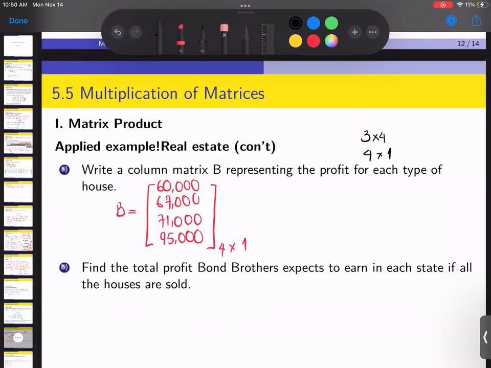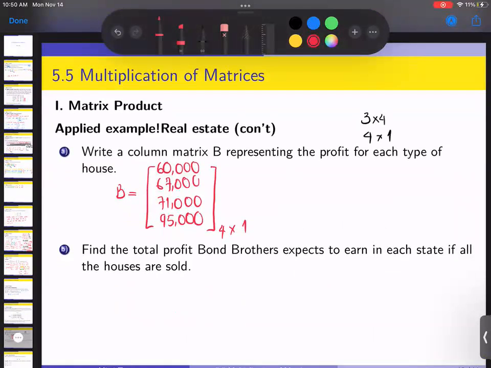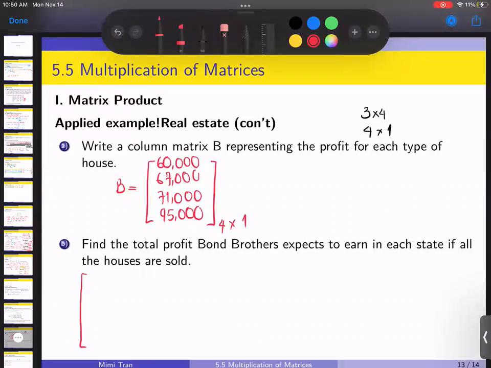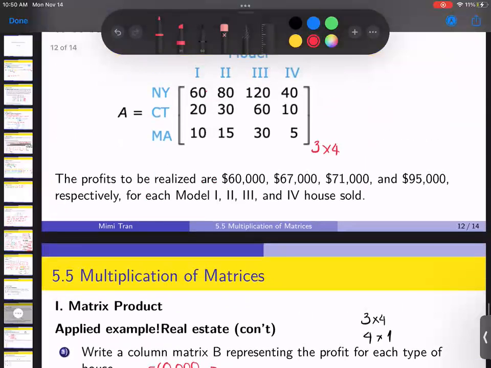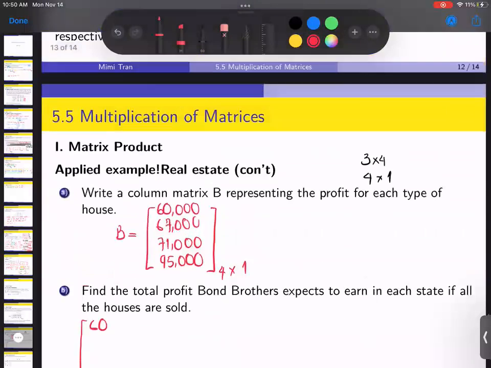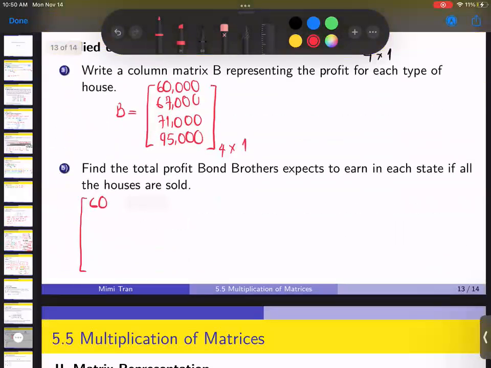So which matrix comes first? Matrix A, right? A times B. So 60, 20, 10.